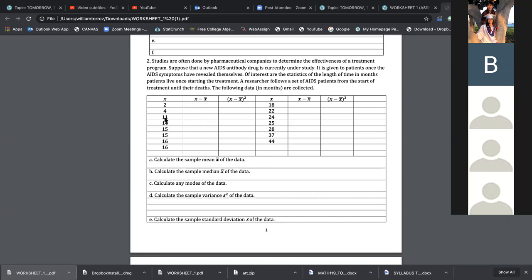I could easily add up all of the values in this first column, though I probably wouldn't attempt that without a calculator. So I can plug these into the calculator, add up all of these 15 values, get a sum, and then divide by 15, and that would give us an average. We'll call that average X bar.